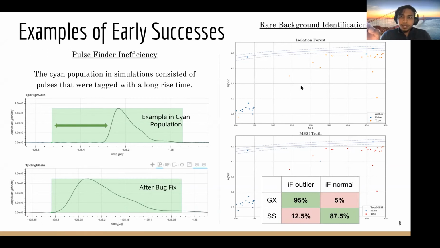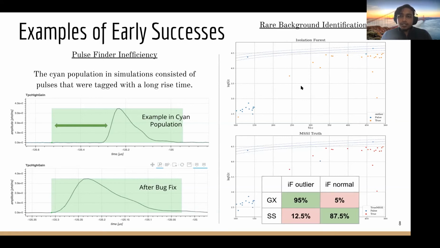In the case of Gamma X, we did not give it S1 size, S2 size, or any pulse shapes. The important variables we gave it were things like the size of the interaction cluster as observed by the PMTs. And these, of course, were not correlated with S1 size and S2 size, which we made sure to verify.